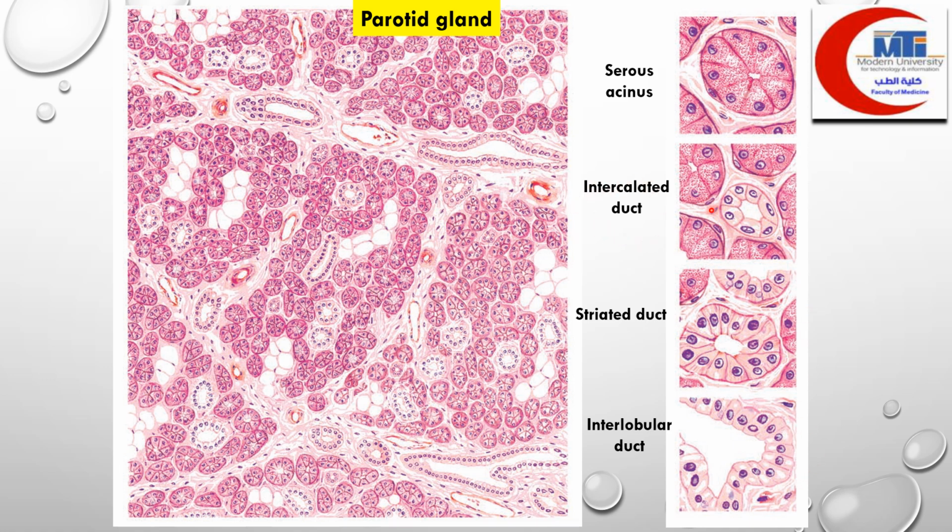The epithelium lining the intercalated ducts is low cuboidal, then becomes high cuboidal or low columnar in striated ducts. Then in interlobular ducts it becomes columnar in the smallest, then pseudostratified columnar, then stratified near the main ducts.